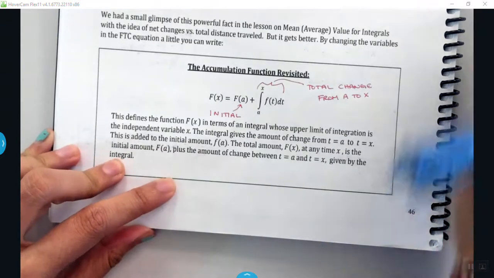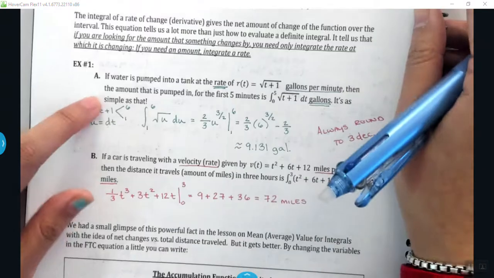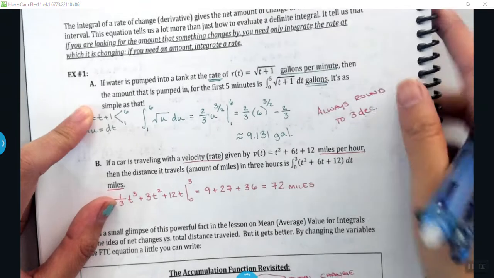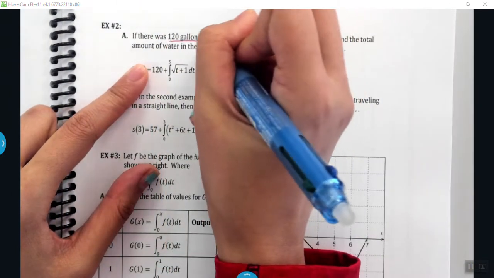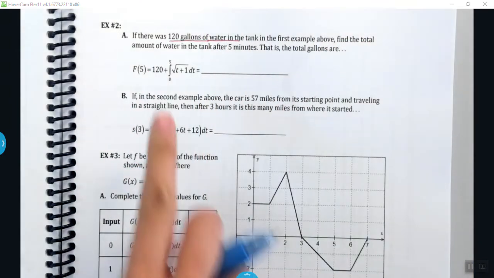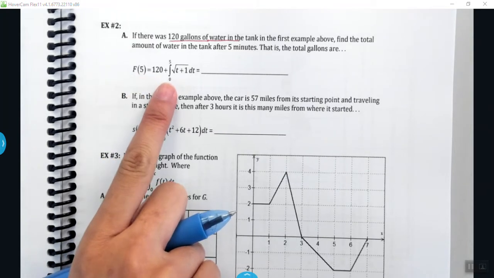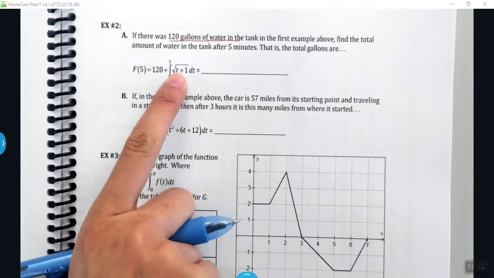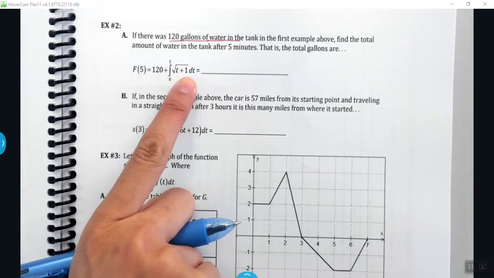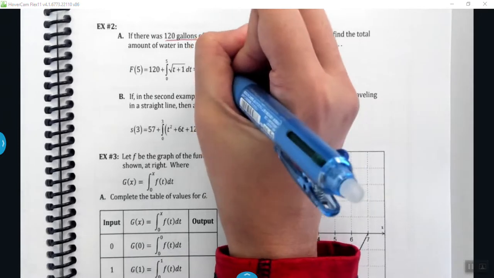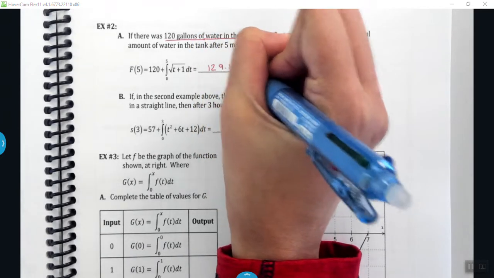For example, if we were doing this water tank problem again, flip to the next page, and I said there are 120 gallons of water in the tank initially, then to find how many gallons are in the tank at the end, you would do 120 plus your total change from 0 to 5 of root t plus 1, and you would get 129.131 gallons.